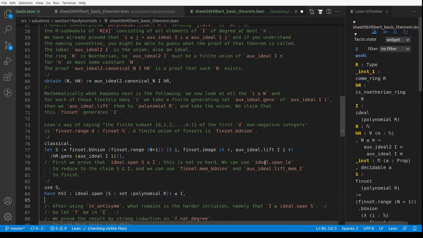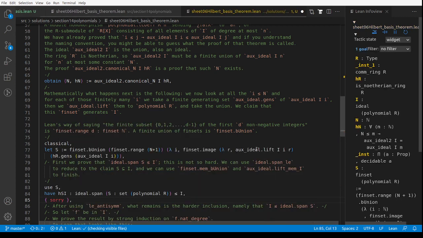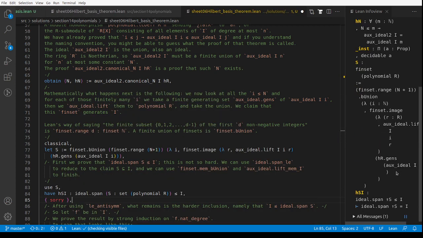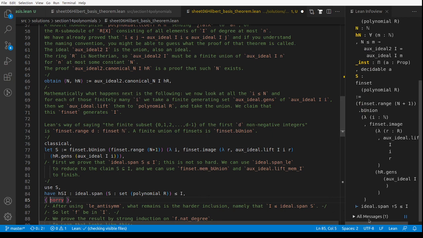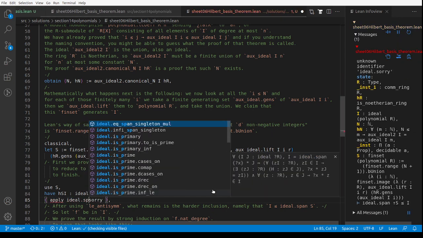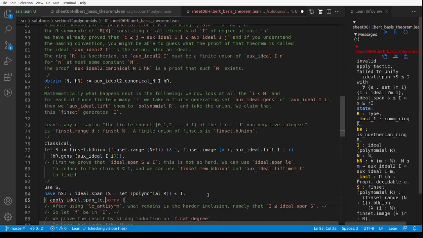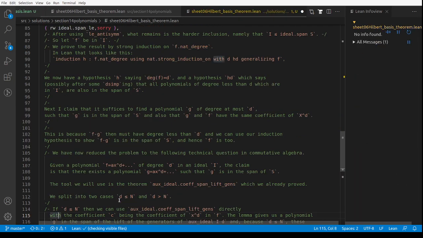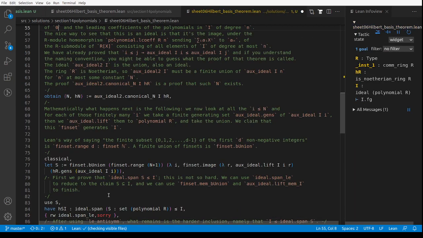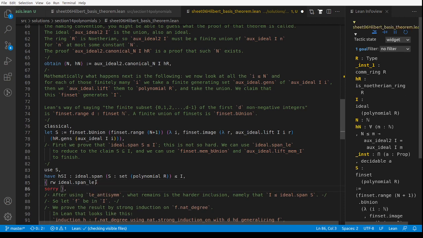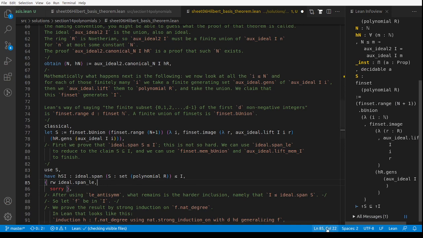Now we've got two goals, so let's prove that the span of S is a subset of I, and so I guess we can apply ideal dot span LE according to the hint. So that's an if and only if, so we can maybe rewrite ideal dot span LE. That seems to have worked. Wonderful. And so now we should have reduced to the claim that S is a subset of I.